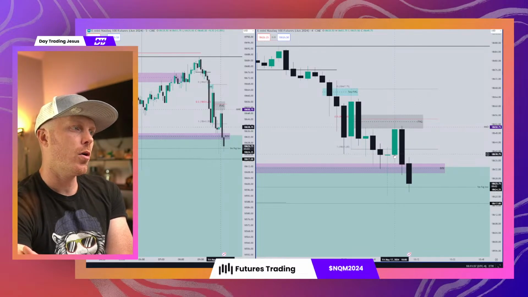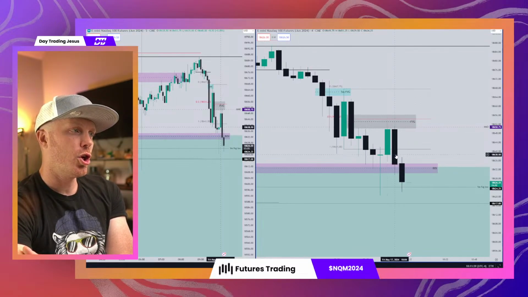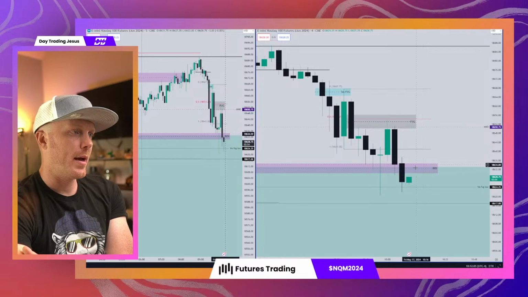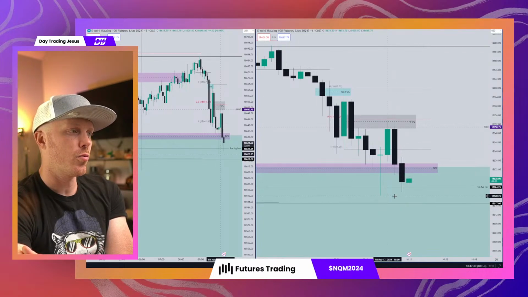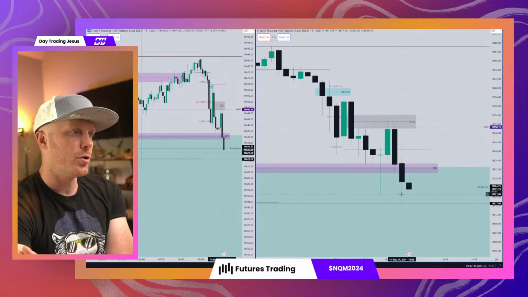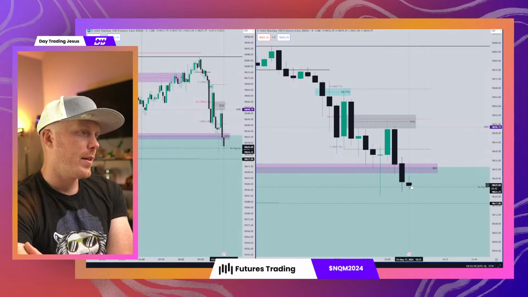They are now confident that there's a good probability we run for this low at least. It could wick back up after, but there's a higher probability that price wants to run this low and move lower. So that gives them the confidence to hold the trade to that low and to see it play out.